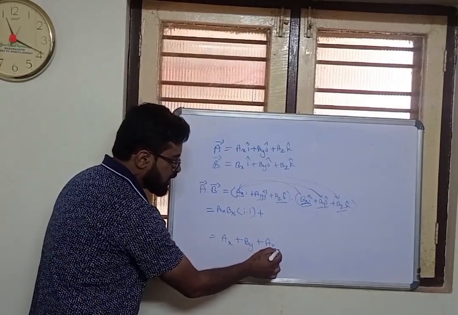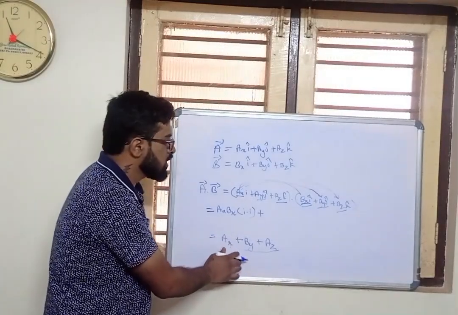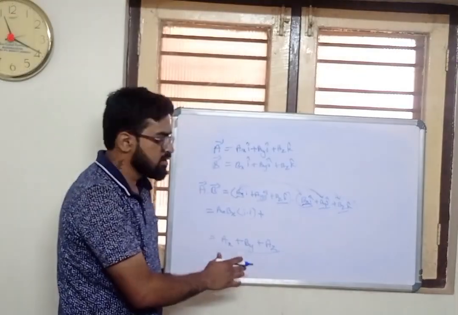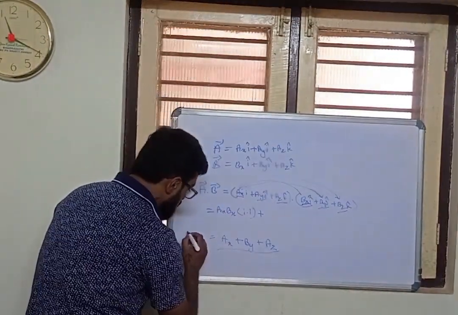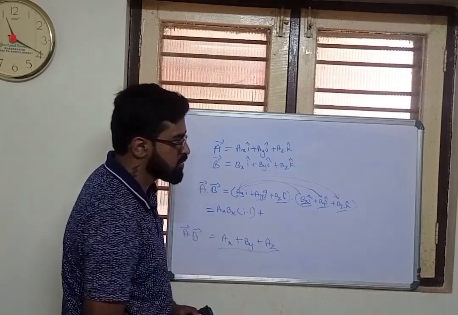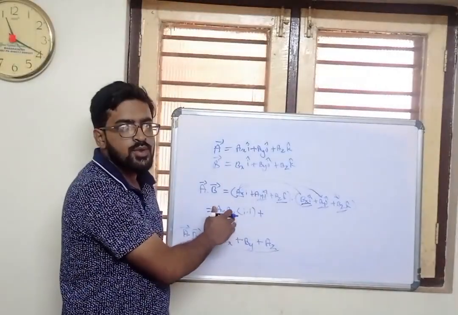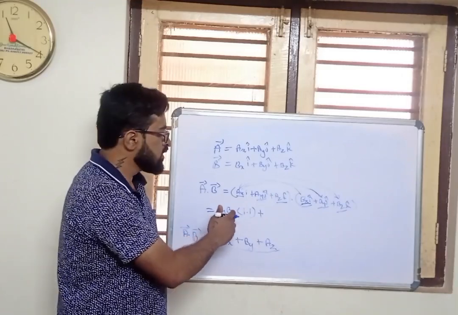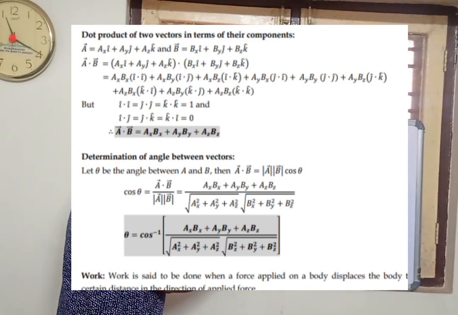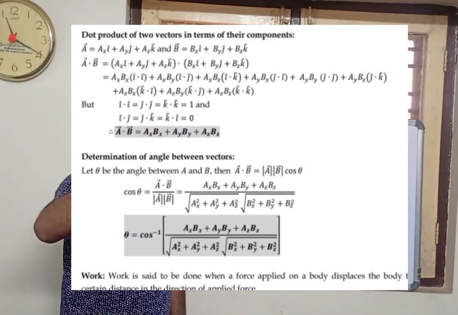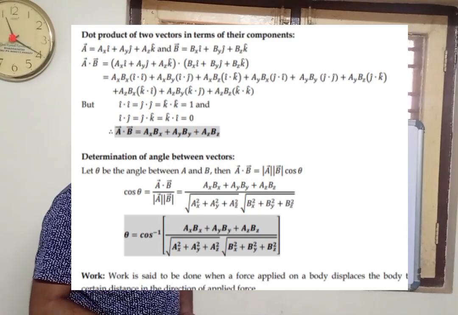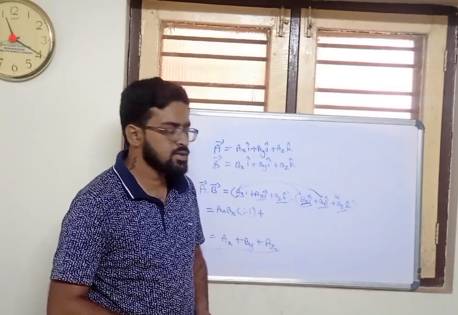So we get a value here. This is not a correct value actually. We'll substitute this value in a particular equation while finding out the angle between two vectors. So this is the dot product of two vectors considering their components. So this answer may be wrong here. I'll mention the right answer in the video here. So this is about the dot product of two vectors in terms of their components.